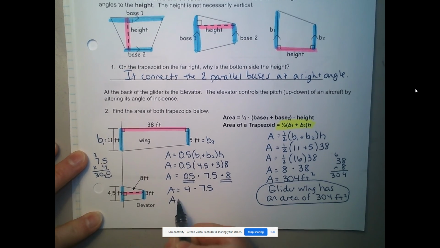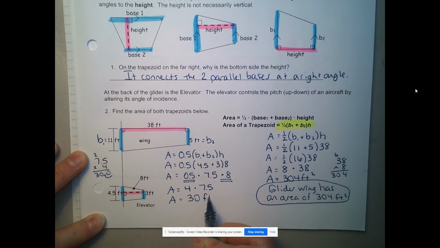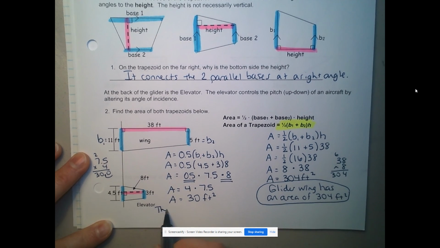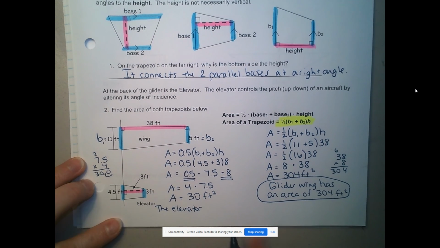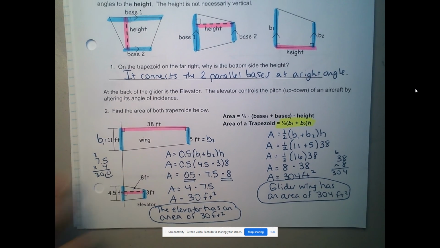So the area is 30 feet squared. So I can say the elevator, which is that back flap, not an up and down elevator in a building, has an area of 30 feet squared. And I have found the area of 2 different trapezoids.